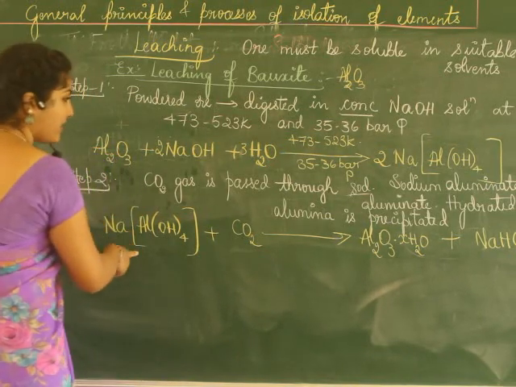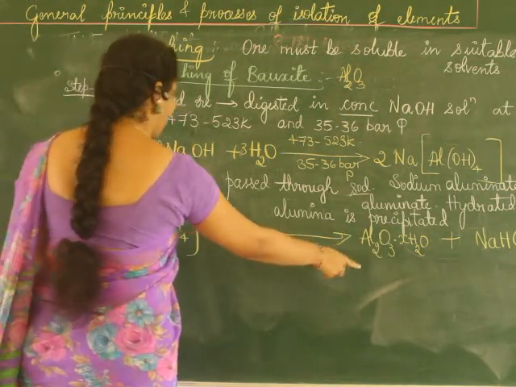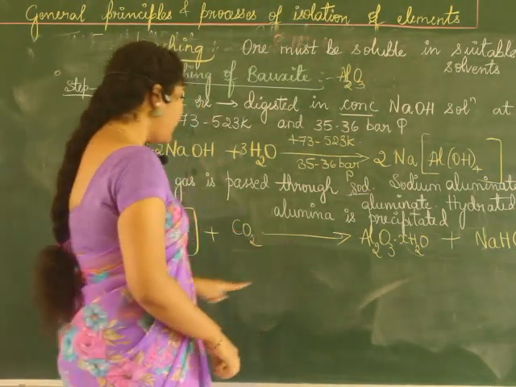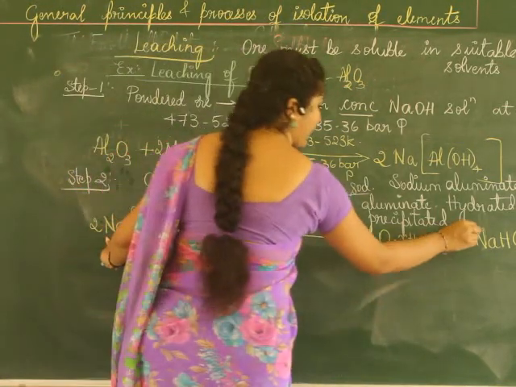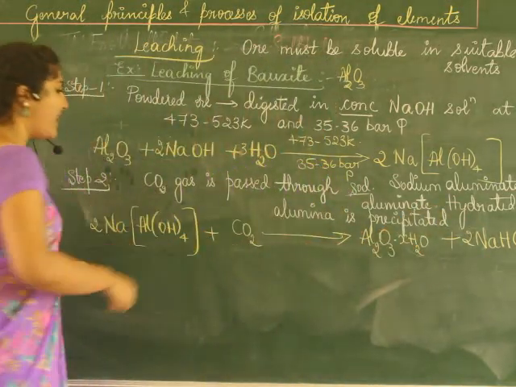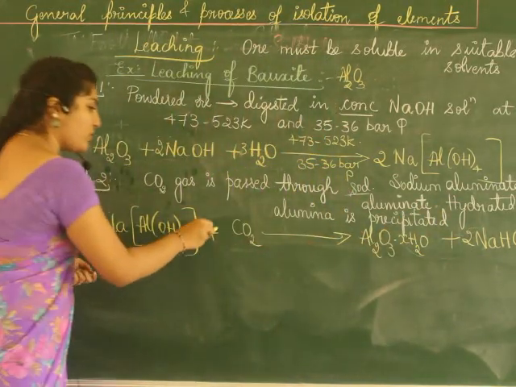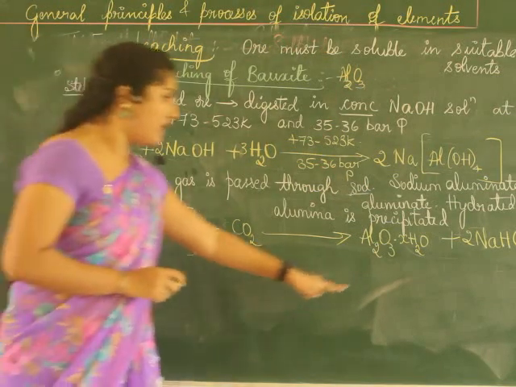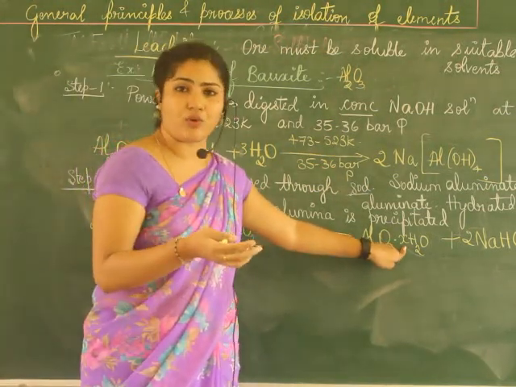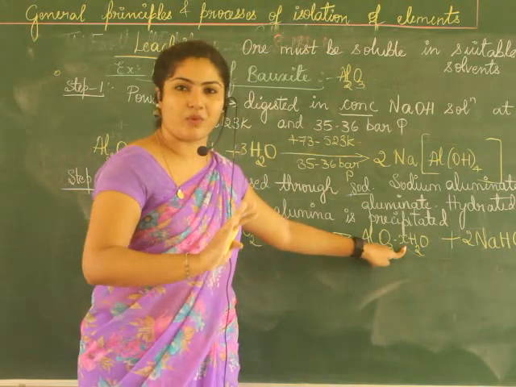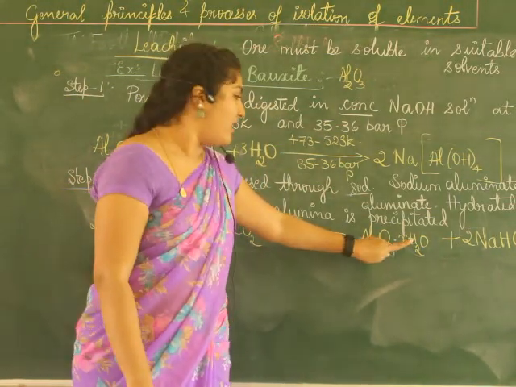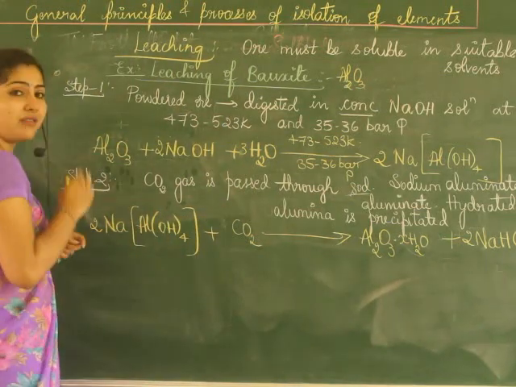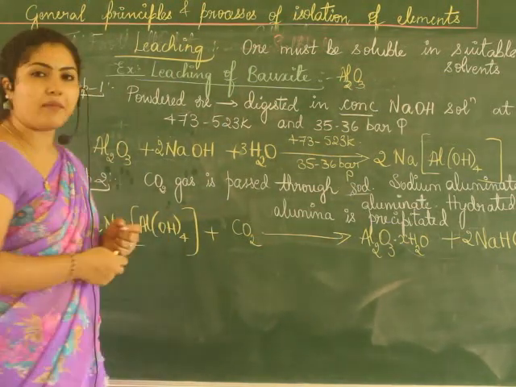Now balance it. Aluminium is 2, so I'll write 2 here. Sodium is 2, I'll write 2 here. You can balance carbon as well. You can write 2 here also. Generally it is given this way because here we have x moles of H2O, which means it can be any number of moles. So we usually do not balance it thoroughly. Generally you can balance it this way.